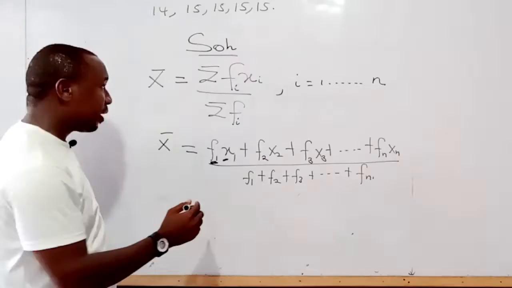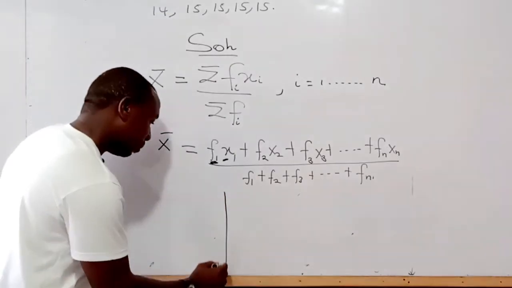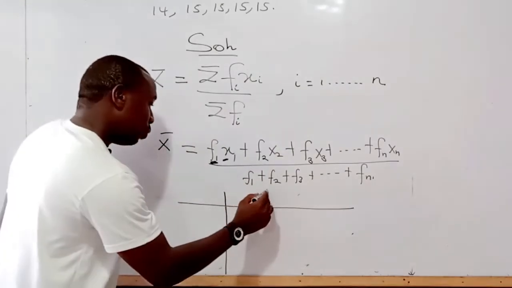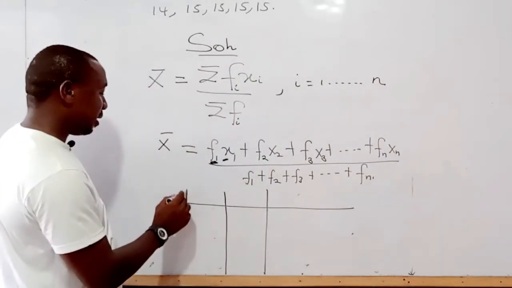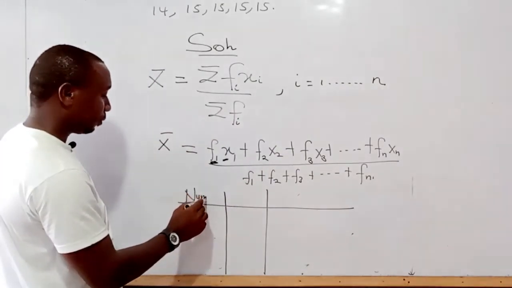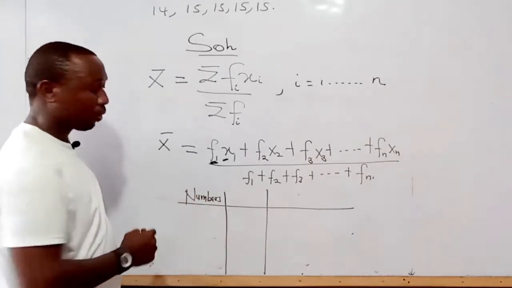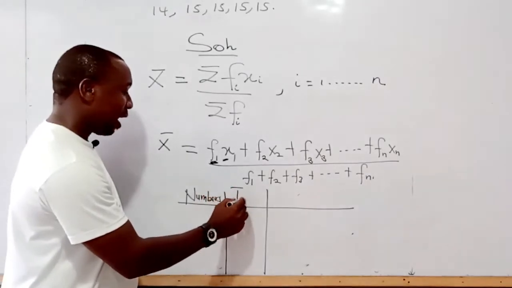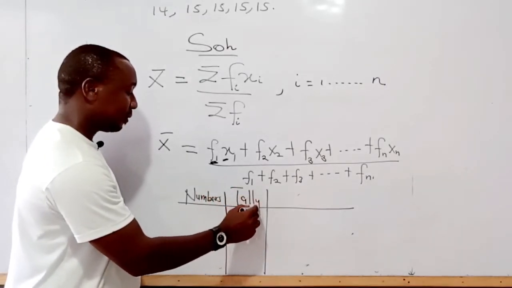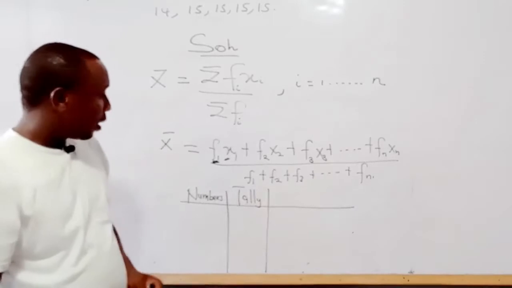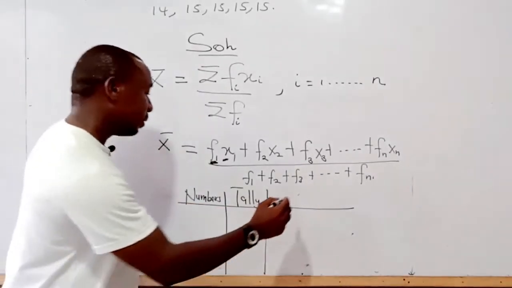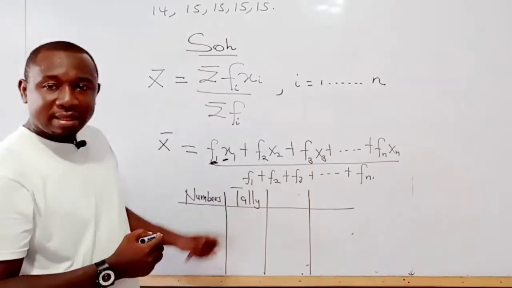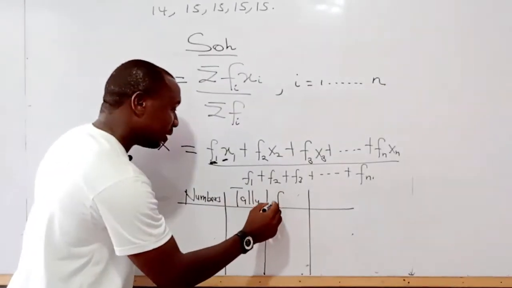So by drawing the table, we have the numbers here. And we have to tally. When you tally, the tally will give you what we call the frequency.